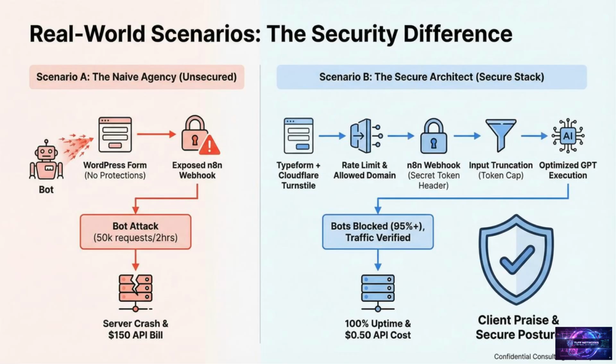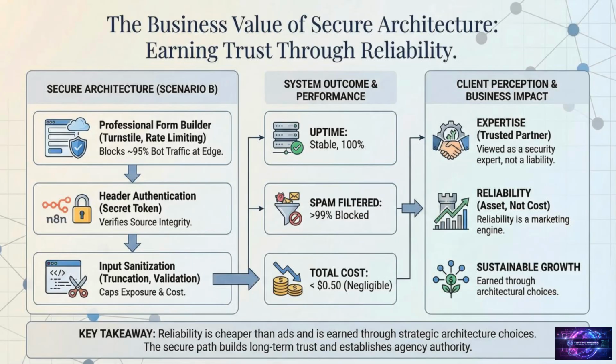Scenario B. The secure architect. You build the same free SEO audit tool. You use Typeform with Cloudflare Turnstile enabled. You configure the webhook with a secret token header. You set up the n8n workflow to truncate inputs. The same botnet attacks. Result? 1. Cloudflare Turnstile blocks 95% of the bots at the form level. They never even submit. 2. The 5% that get through try to submit.